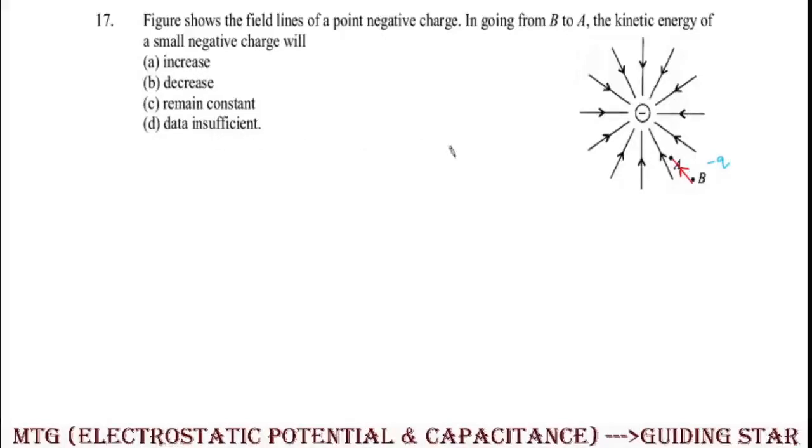तो इस वाले पर्टिकुलर केस में तो जब हम नेगेटिव चार्ज को B से A तक ले रहे हैं, नेगेटिव चार्ज, that means we are moving against the field.